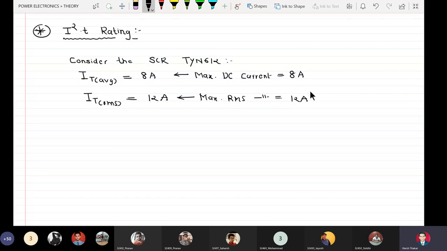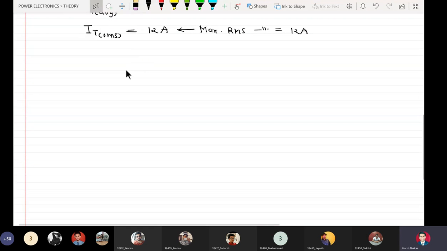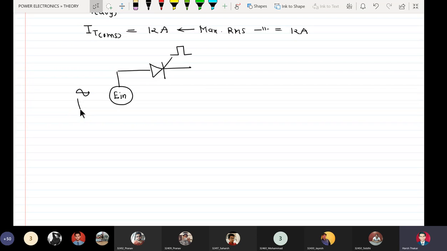Now this is my SCR in some circuit. It may be an AC or DC circuit, and assume that I am using appropriate pulse triggering. Here E in can either be AC or DC, and this is my load resistor RL.